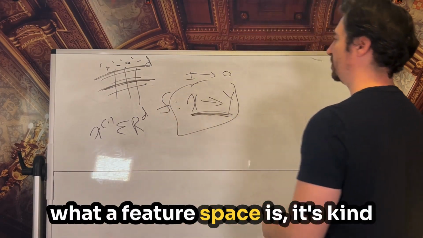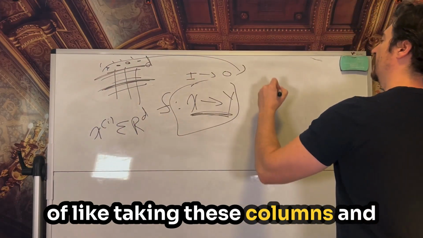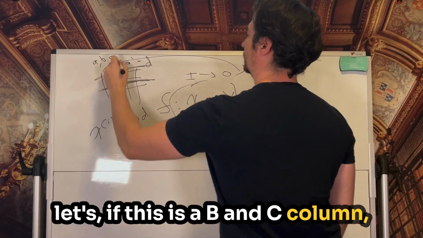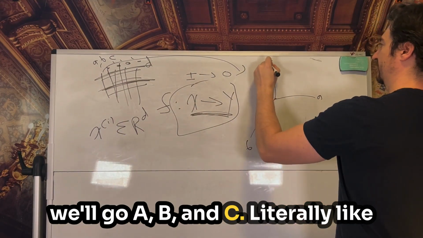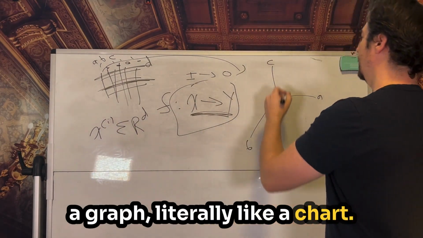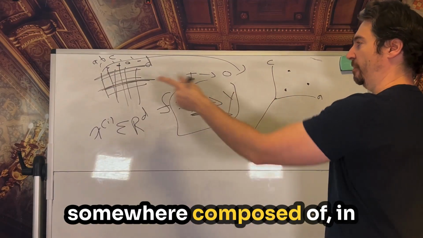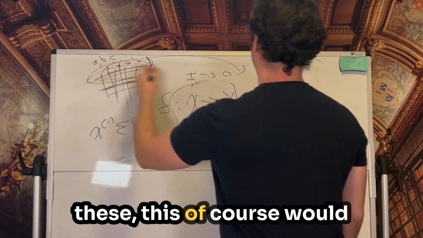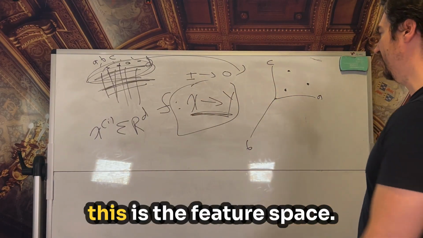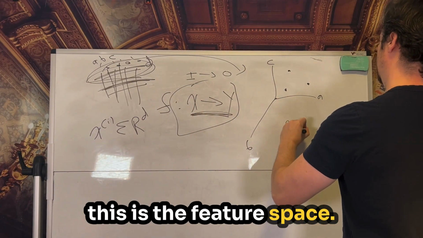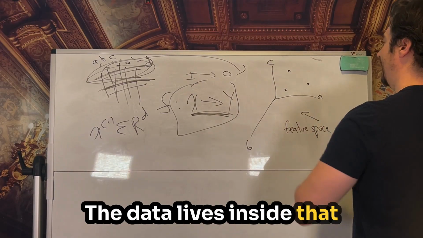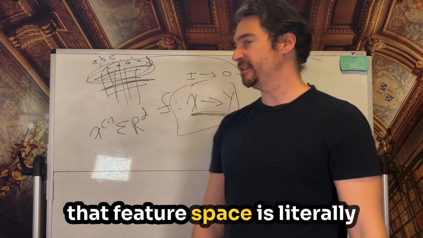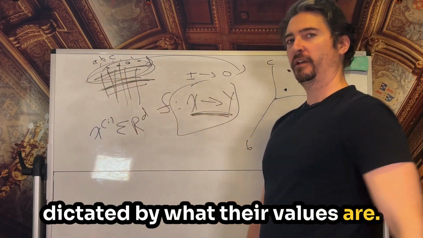Because if you remember what a feature space is, it's taking these columns and building, if this is A, B, and C column, literally like a graph, like a chart, and then your data points exist inside that space somewhere, composed of, in this case, the three features. If we grabbed all of these, this of course would be a high dimensional version of what you see here, but this is the feature space. The data lives inside that as data points, where their location inside that feature space is literally dictated by what their values are, okay?